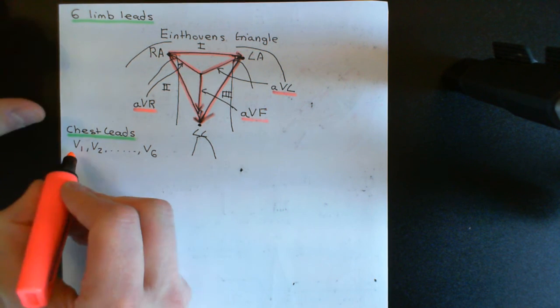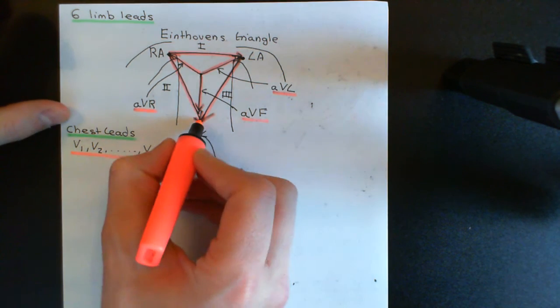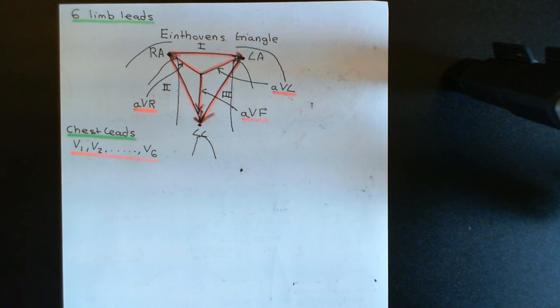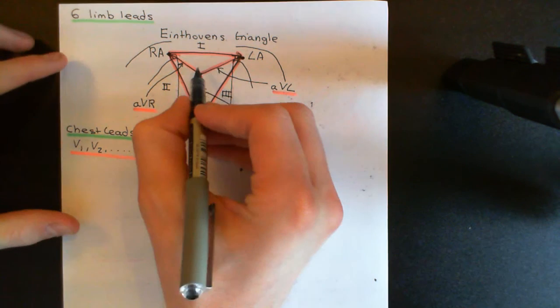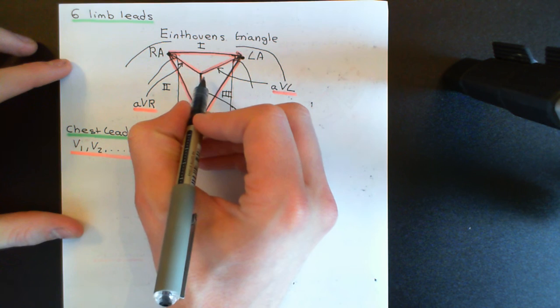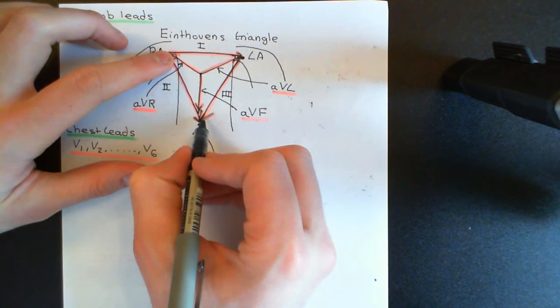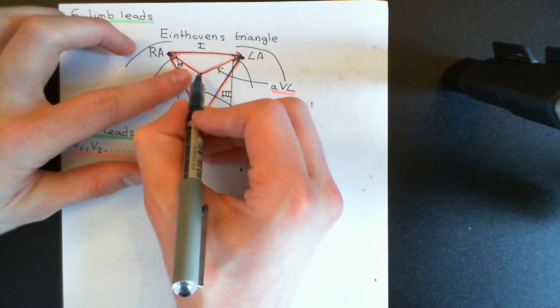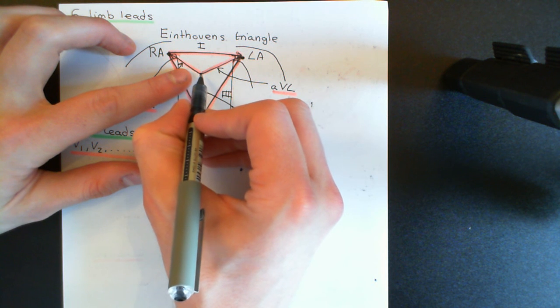Now, what does the average of these 3 electrical potentials from the 3 different limb electrodes actually represent? Well, it is taken to represent the electrical potential at the centre of the heart or thereabouts. Because if you average these three together, you're getting the sort of electrical potential right in the middle of them.